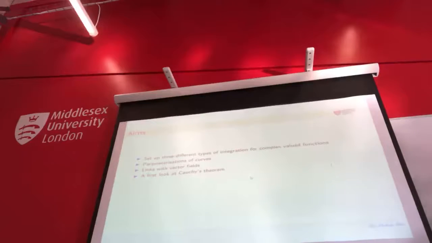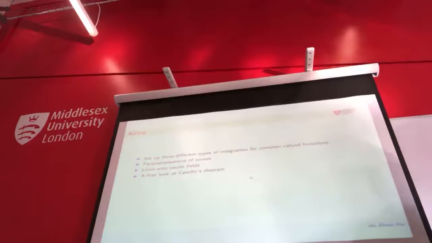They're building up to what you have seen before in the first half, i.e., stuff about parameterizations and how you do path integrals. So we'll talk a little bit about that. All of the stuff that you've learned about parameterizing curves will be important in this lesson today. I'm going to link it all to vector fields a little bit.